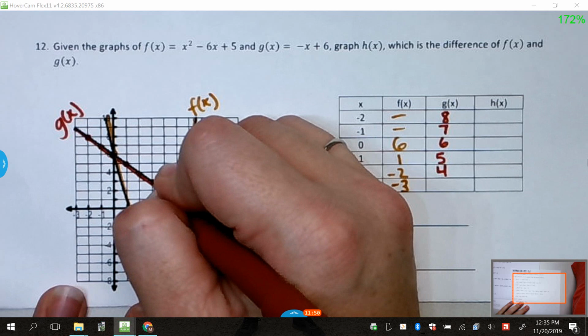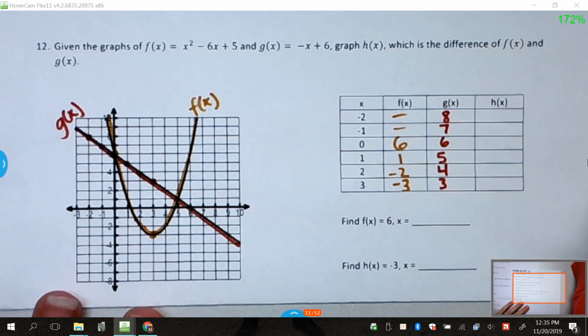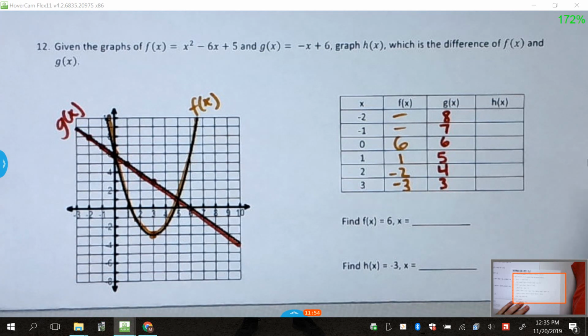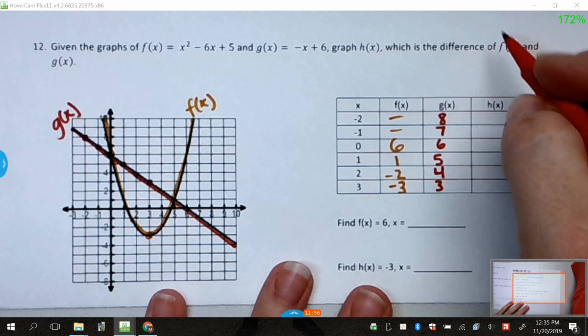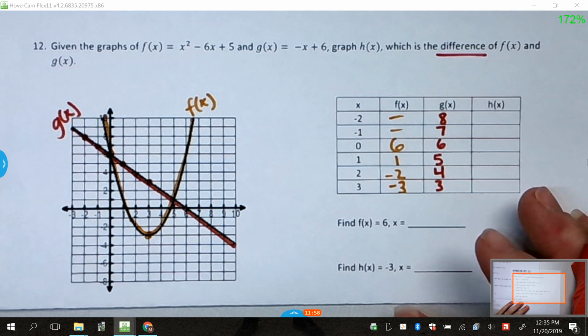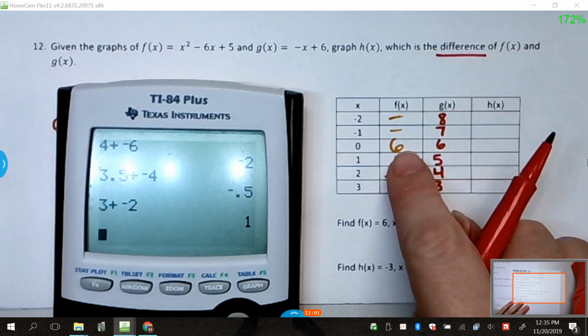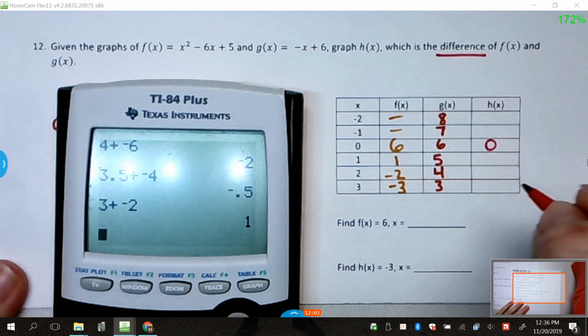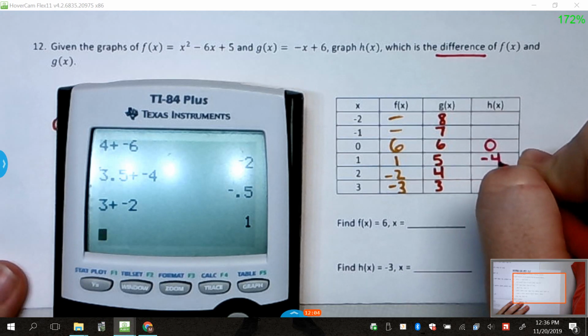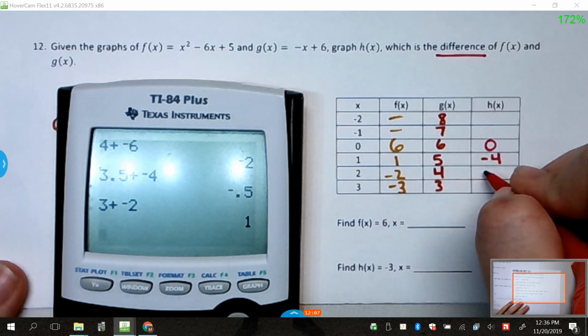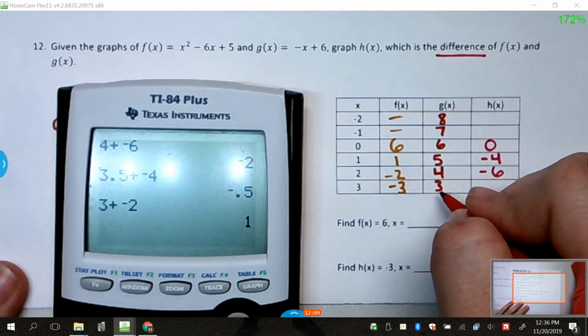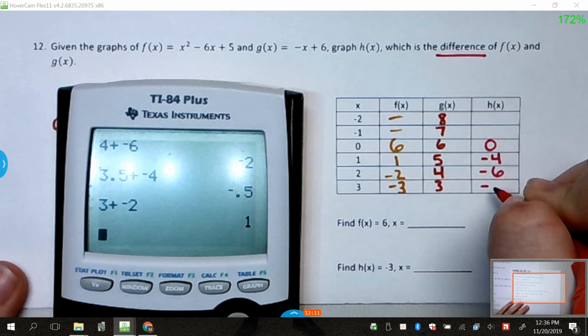And 3 is 3. Now this says to find the difference, which means I'm going to subtract. 6 minus 6 is 0. 1 minus 5 is negative 4. Negative 2 minus 4 is negative 6. Negative 3 minus 3 is negative 6.